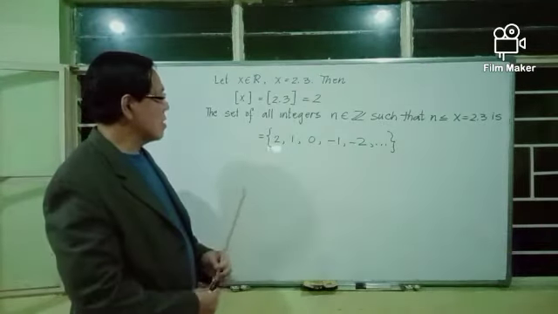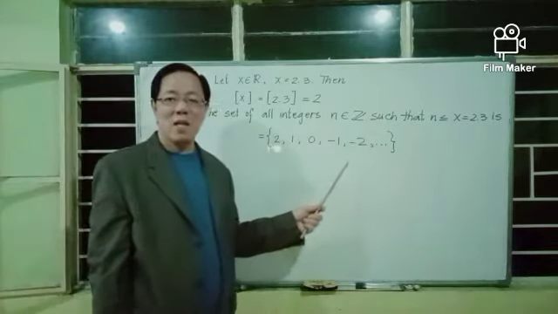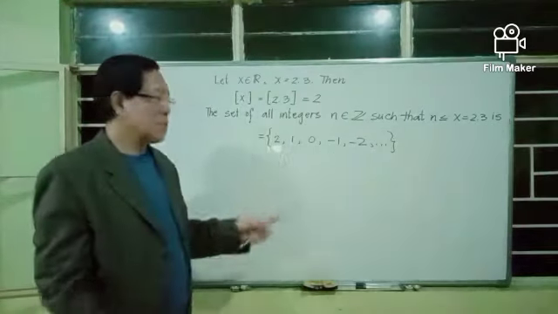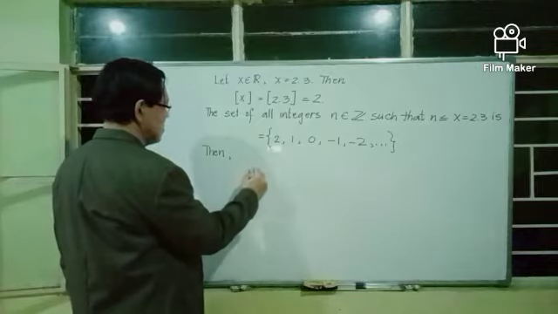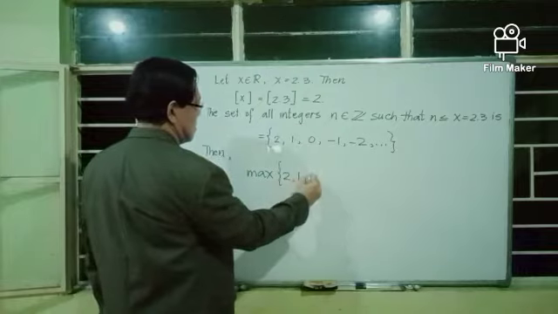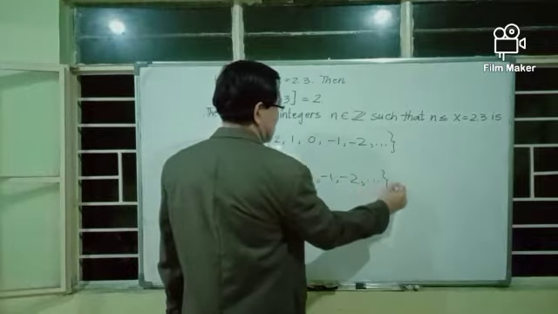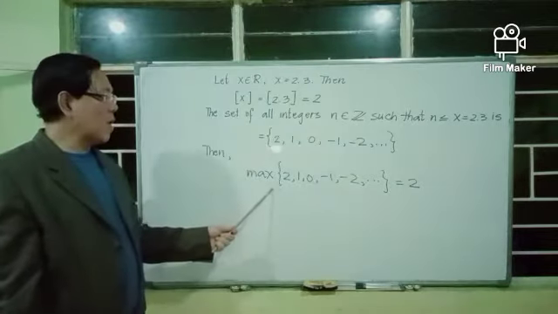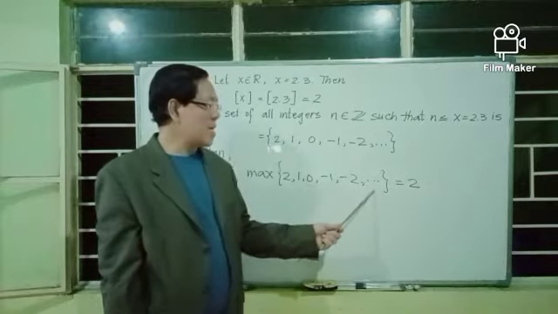Now, if we take the maximum element of this set, the largest element of this set is 2. We write the maximum of this set containing the elements 2, 1, 0, negative 1, negative 2, up to negative infinity is 2.